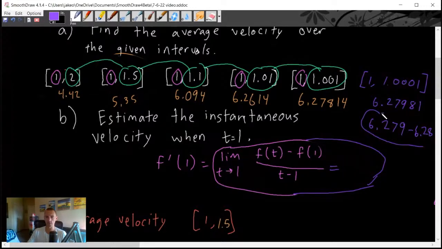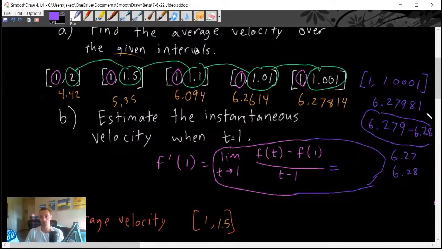So I think this would be a pretty reasonable estimate for what our instantaneous velocity is going to be at t equals 1. You don't need to get out to like 6 decimal places. That's a little silly. We're really just trying to estimate. So I'd say if you were to give 6.27 or 6.28, that's probably a pretty good estimate. That's probably as close as you need to get. You're not going to need to get closer than that.